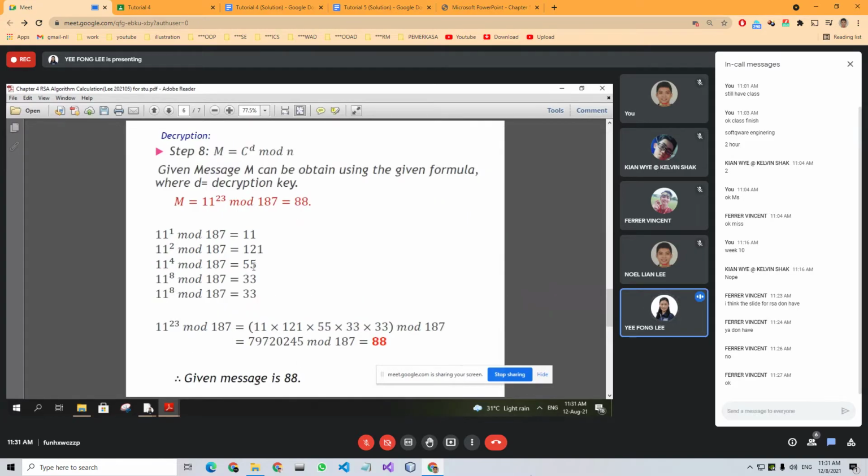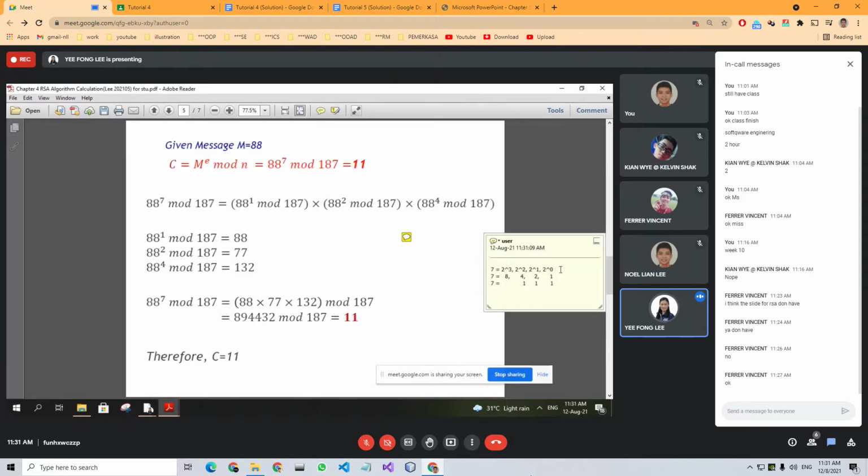We need to look for 2 power of x: 2 power of 0, 2 power 1, 2 power 2, 2 power 3. In order to get 7, we need 4 plus 2 plus 1. So the last 3 digits are 1, 1, 1, and this is a 0.